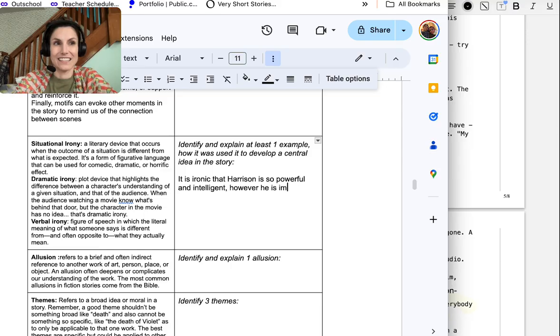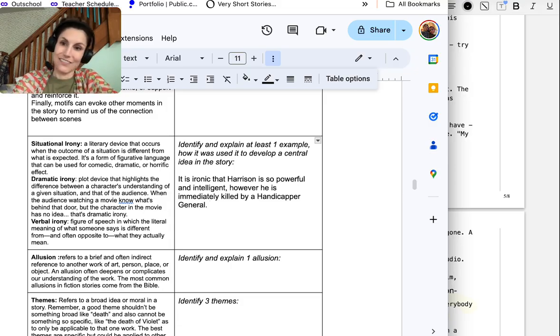However, he is immediately killed by a government, by a handicapper general, by the HG, handicapper general. And then you could also say it's ironic that George and Hazel aren't even going to know that this happened to them or their son.